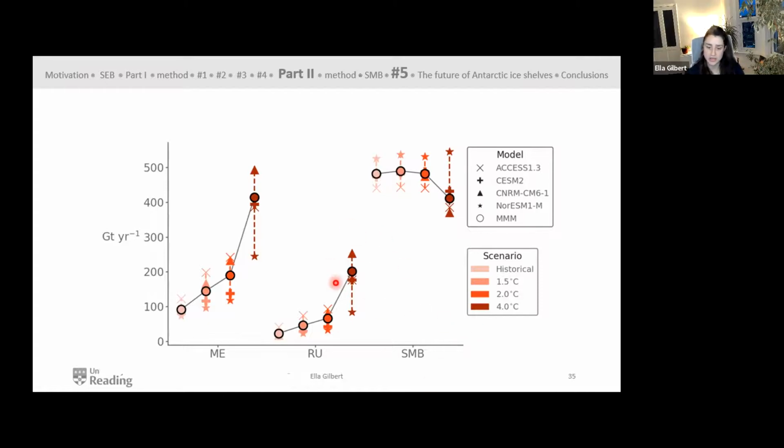So that's just a reflection of that. You also see pretty consistently the same models having either the highest or lowest melt and runoff and surface mass balance respectively. So for example, NorESM consistently shows the least surface mass balance changes.